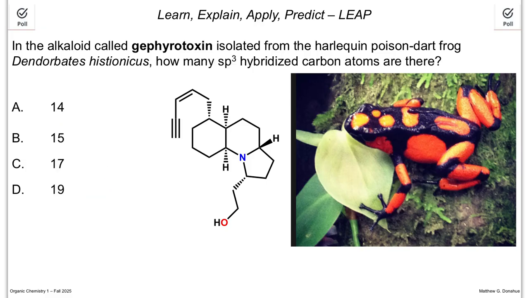So the next question is, how many sp3 hybridized carbon atoms are there? I'll give you a couple seconds to do some stuff, but I really want to point out a way of looking at molecules that I think is important, because your eyes see everything, right?